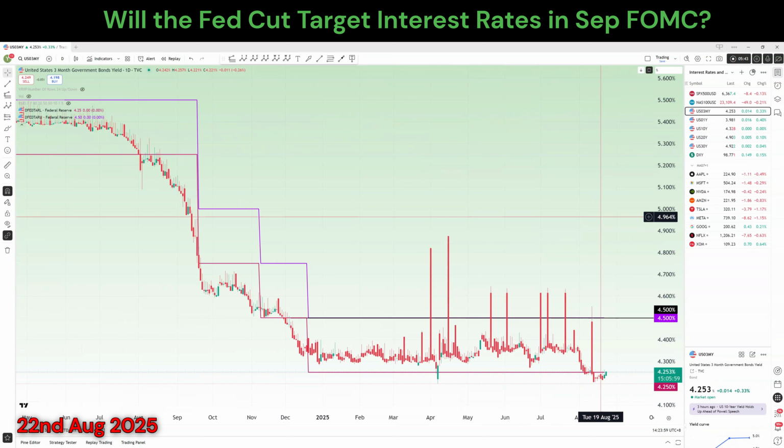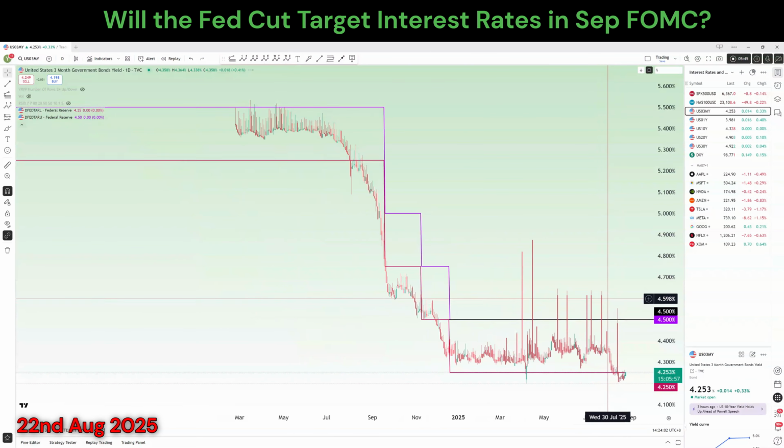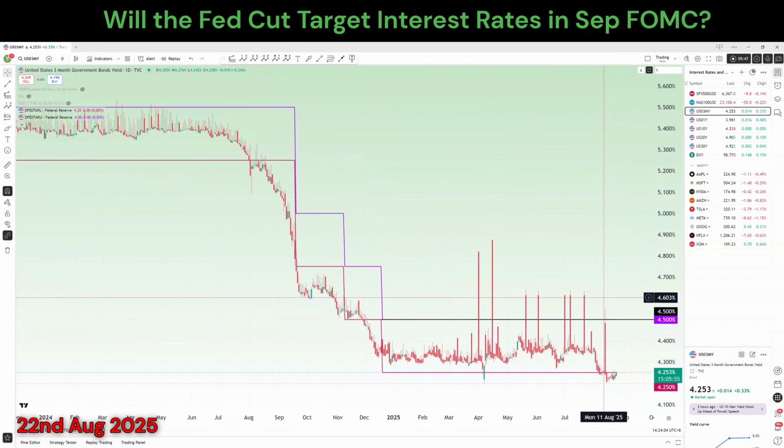Okay, now this is not that important for the time being, right? But the minimum take home from this video is the importance of this chart, this 3 months government bond yield, and the target interest rate upper bound and lower bound.